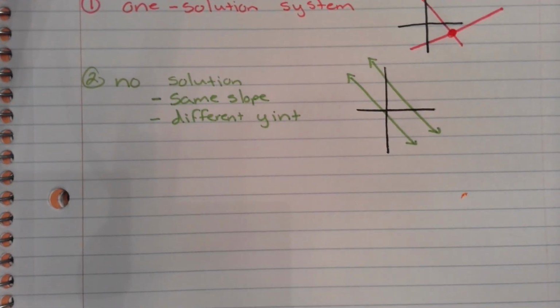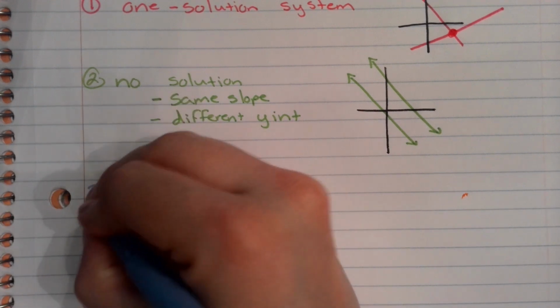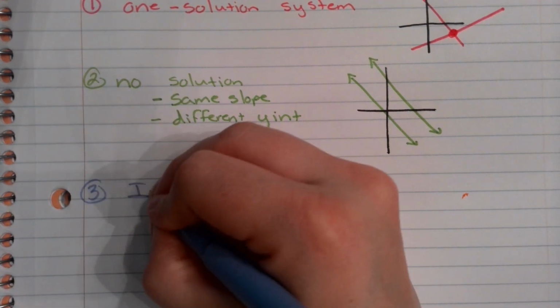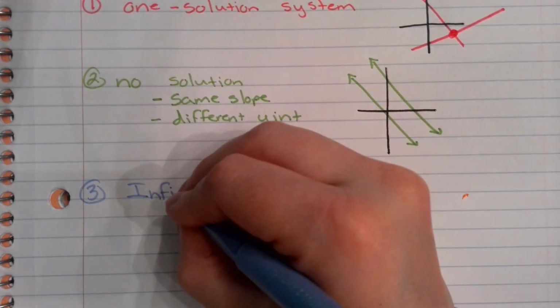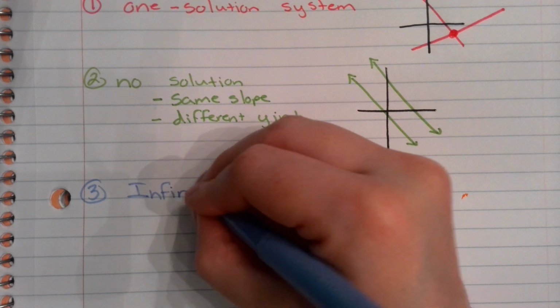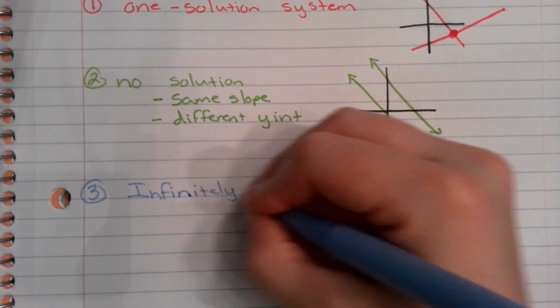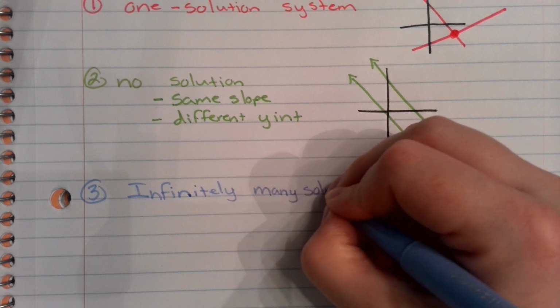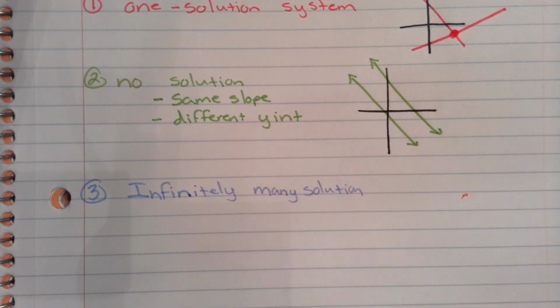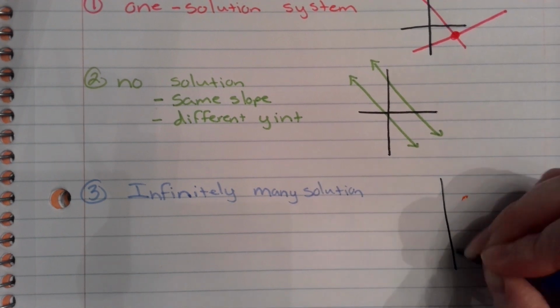Okay, then you've got the third system that we talk about, which is infinitely many solutions, similar to what we were talking about before when we were solving just a single equation. With infinitely many solutions for a system, it basically looks like it's one line.